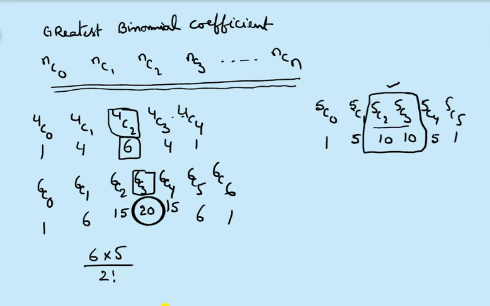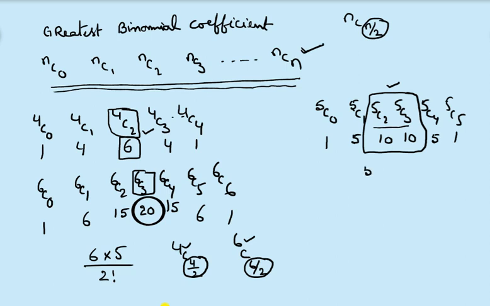In case of even, you can observe 4C4/2 is the greatest binomial coefficient, or 6C6/2 is the greatest binomial coefficient when n is even. That's why when n is even, nCn/2 is the greatest binomial coefficient among all these.